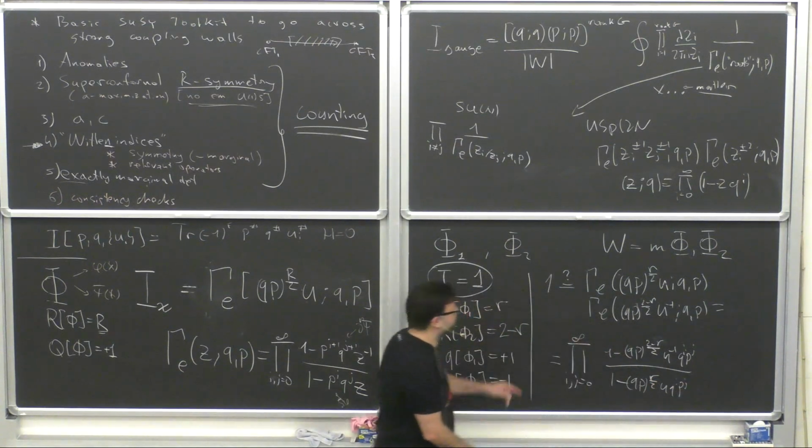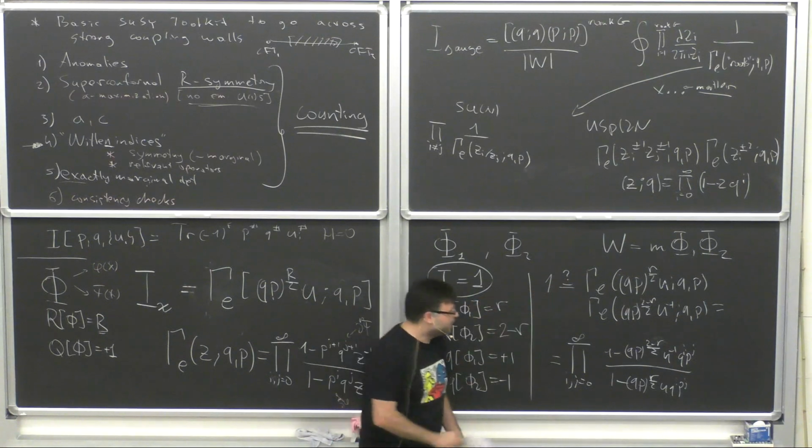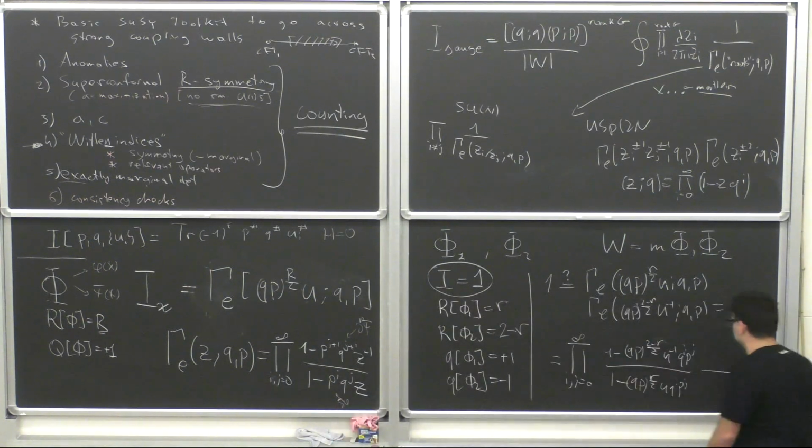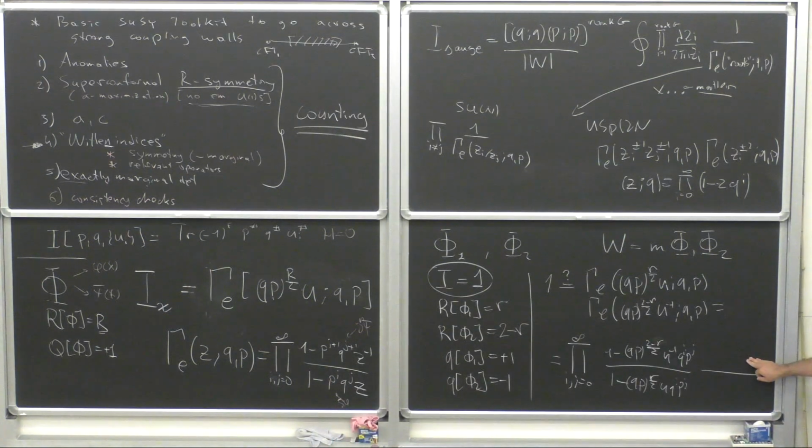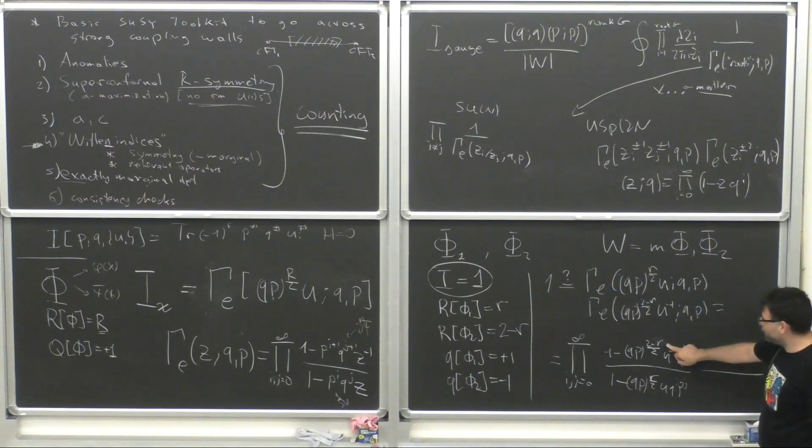Okay, this is the contribution of the first field. And then there is a contribution of the second field. What will be the contribution of the second field? Instead of R, I need to put 2 minus R. So what will I get?